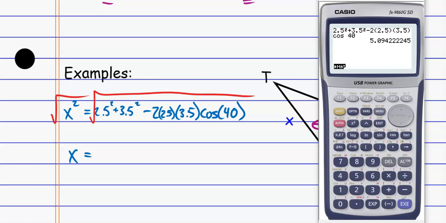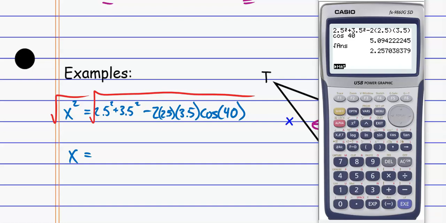I want to take the square root of that, so I hit my square root button, and this is where I use that answer key again. I could literally type in 5.094222, but we want this to be accurate, so make sure you punch in the whole thing if you do it that way. Just use the answer button on your calculator.